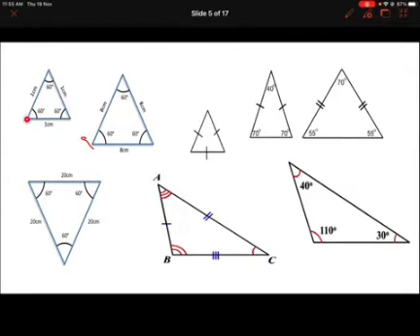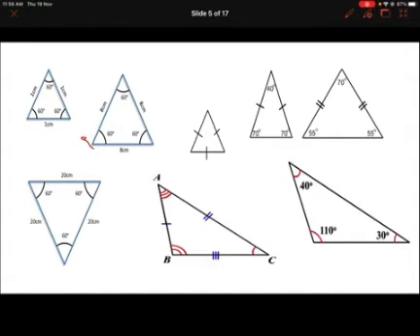If you recall, this triangle is called equilateral triangle, and if you recall, we mentioned that if a triangle is equilateral, then automatically it becomes equiangular. Children, try to recall. If a triangle is equilateral, automatically it becomes equiangular.